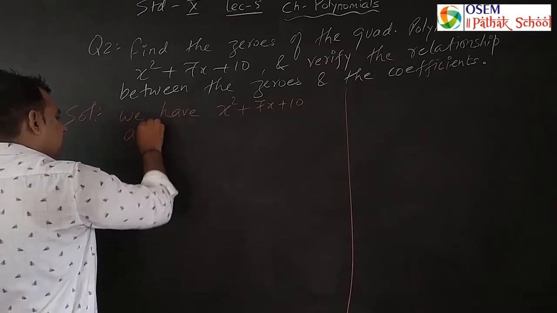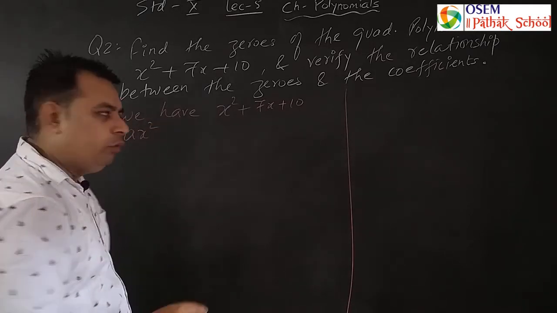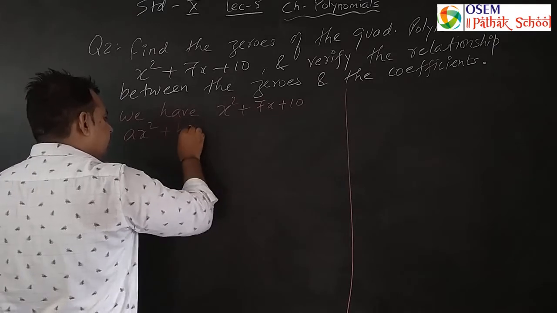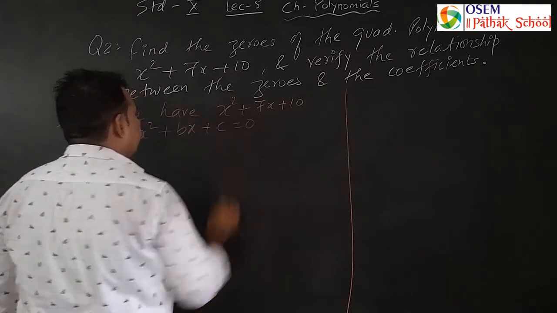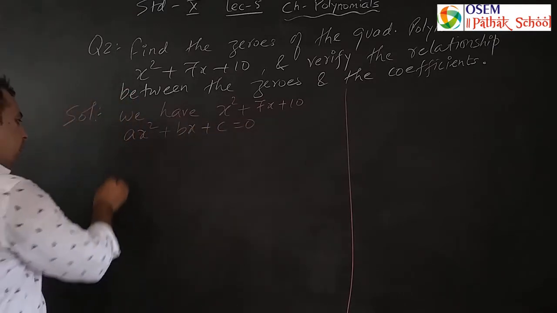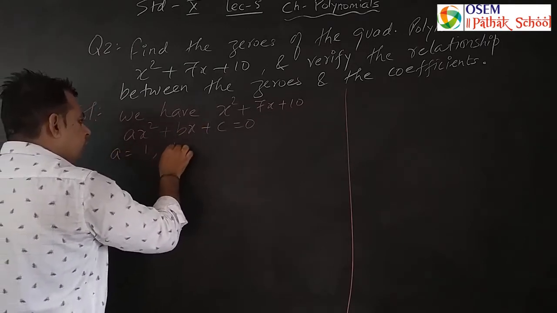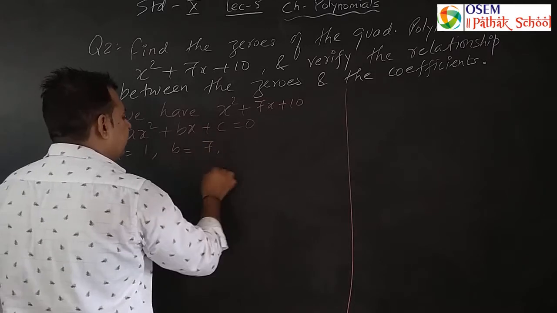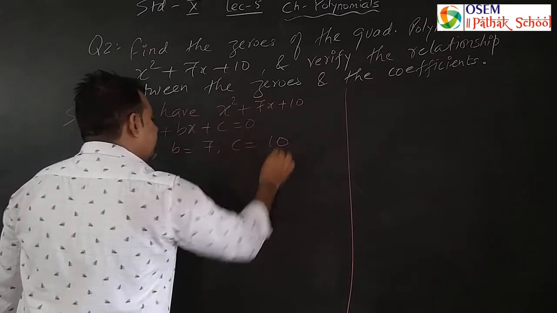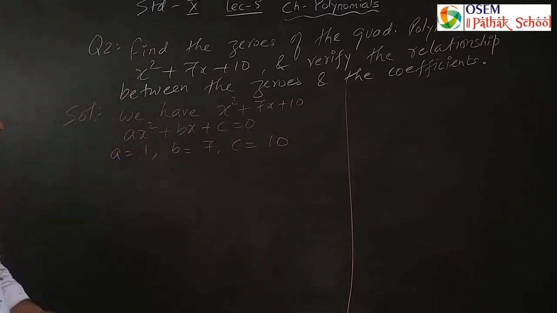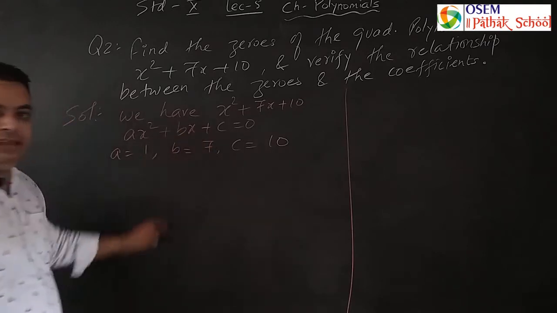A quadratic polynomial is always in the form ax square plus bx plus c equals 0. So here the value of a is 1, the value of b is 7 and the value of c is 10.